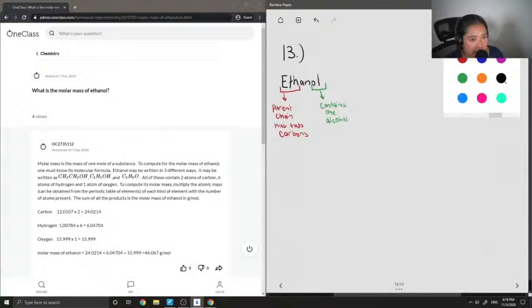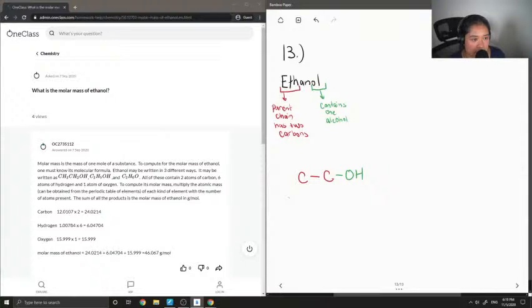Okay, so let's write out the parent chain. It will have 2 carbons. And we also know that it contains 1 alcohol. So I'm going to draw it at the end here. Since it doesn't really matter which carbon it's on, we know it'll be on carbon 1 anyways. So we can number it like 1, 2.